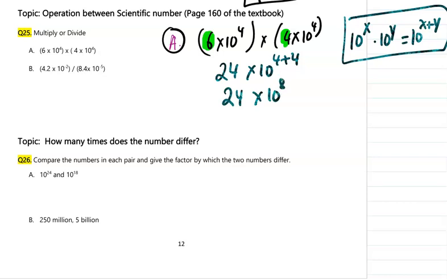But notice that 24 is not in scientific notation. You have to write 24 in scientific form.